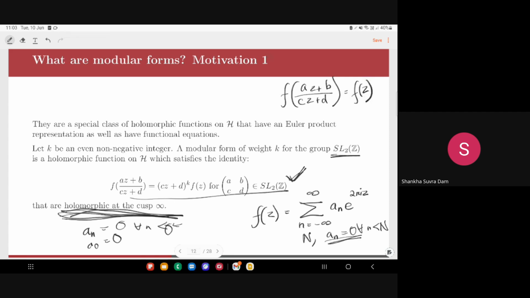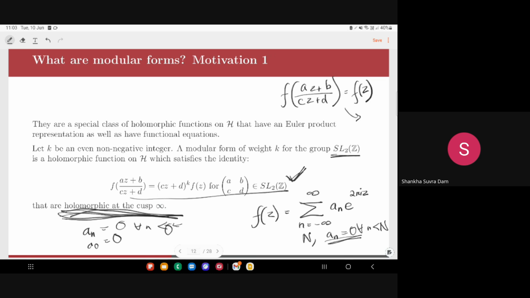these are called automorphic forms. And if we demand that these are holomorphic at the cusp infinity, that means these are holomorphic on a compact Riemann surface. And if it's holomorphic on a compact Riemann surface, that means it's actually the constant function.